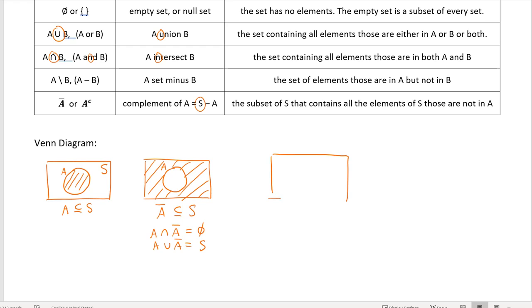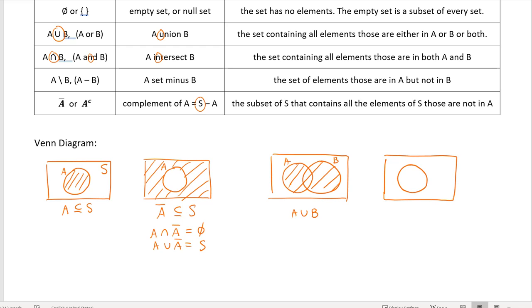And if we have two sets, A and B, so this is A, this is B, what is the union? A union B is everything in A or in B, so A or B. Alright, and how about the intersection? A and B is this piece, the common region.